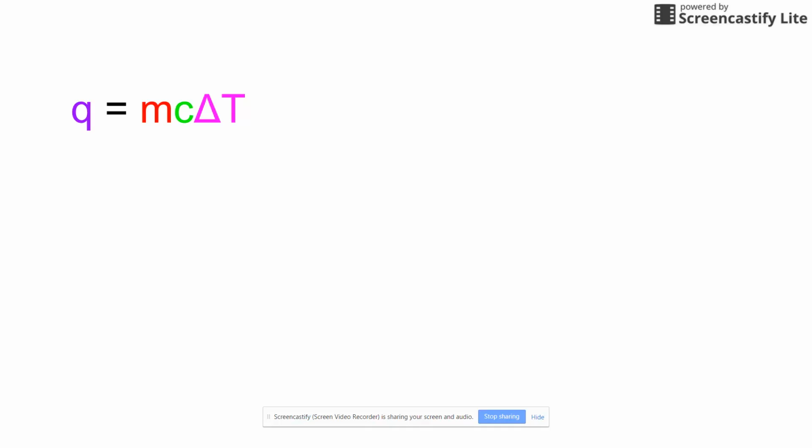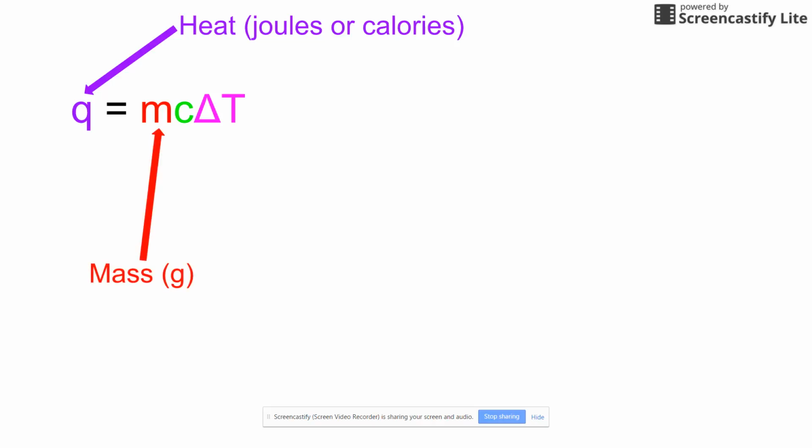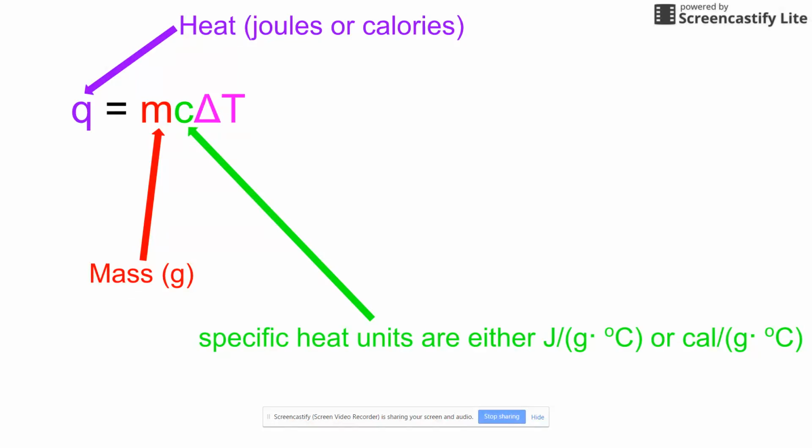Let's take a closer look at this equation, Q equals mc delta T. Q, as we said, is heat, in either joules or calories. M is mass in grams. C, as you saw on the previous slide, is specific heat, and the units are either joules over grams times Celsius or calories over grams times Celsius, depending on which unit your energy is in.